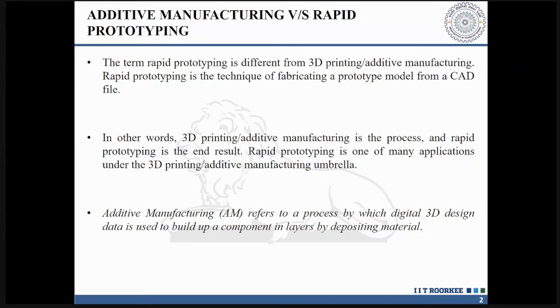So all those techniques which help in fabrication of that particular prototype in a rapid manner are called rapid prototyping manufacturing methods. It can be a CNC machine, it can be investment casting, or it can also be an additive manufacturing technique.